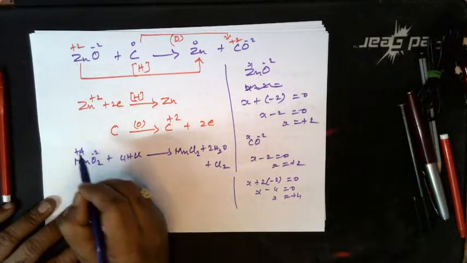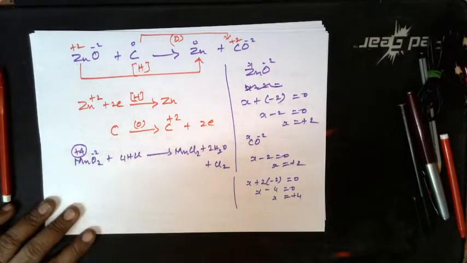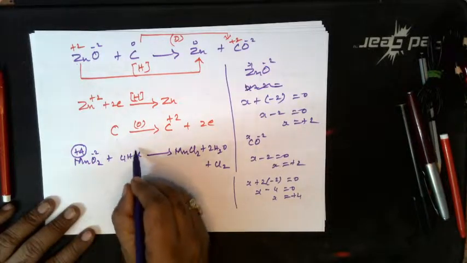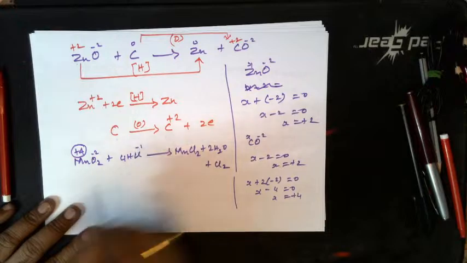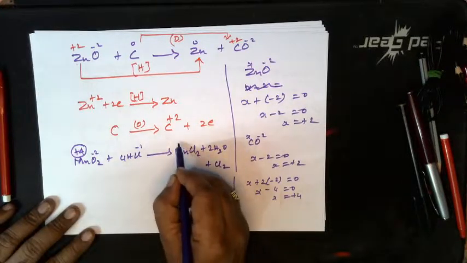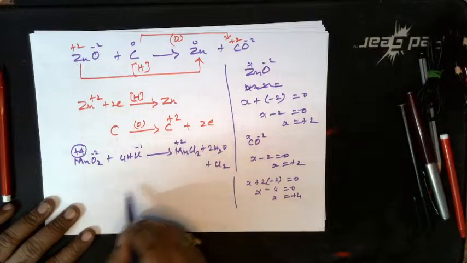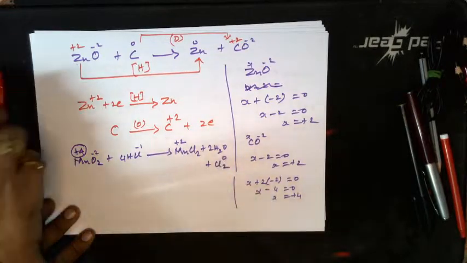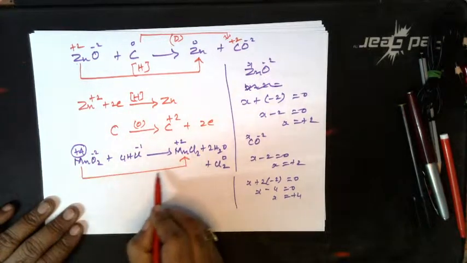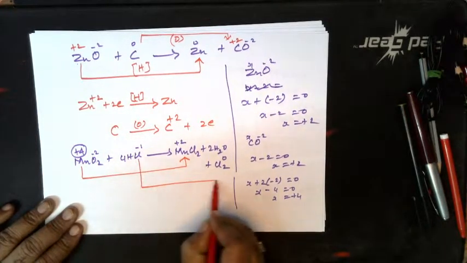You can mention this as +4. Okay, and what about HCl? H is plus, Cl is minus, so -1 for Cl. In MnCl2, the manganese is +2. And chlorine in Cl2 is 0. Now let us identify: +4 becomes +2 and -1 becomes 0.